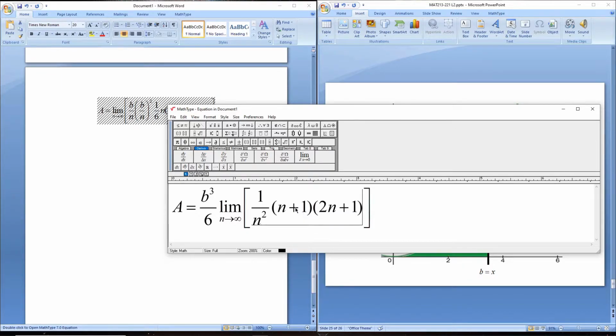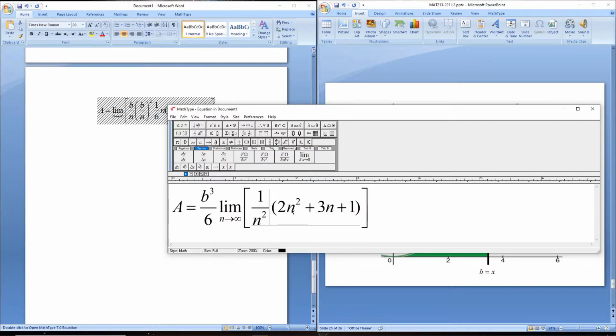And then lastly, we will want to distribute these parentheses here. So n times 2n is 2n squared. And then we have n times 1, which is n, 1 times 2n, which is 2n, to give us 3n, and then 1 times 1 to give us 1. So just distributing that out, the FOIL method there.